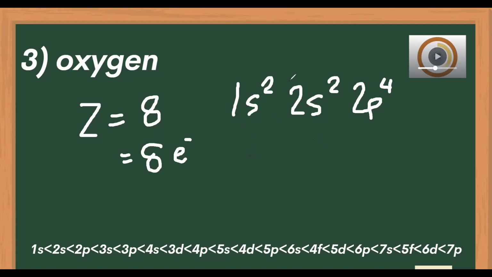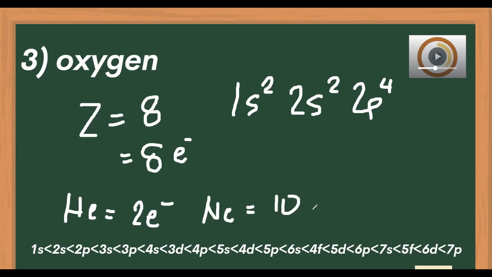In this example, the noble gas that is near the number of electrons of oxygen is helium, right? Because helium has 2 electrons, while neon has 10 electrons. So we have to consider the noble gas helium.